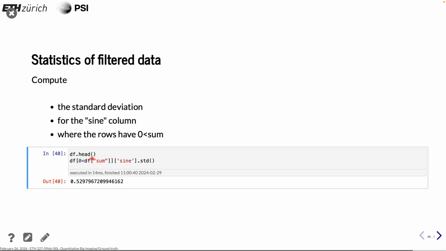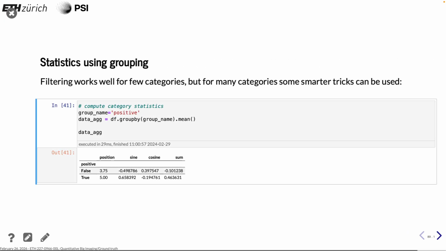And then from that selection, we want to select the sign column and compute the standard deviation of it, and then we get some value. So the magic you have to do with the data frames is a lot of selection and finding the right selections. Sometimes it can be a bit tricky, but you can get pretty nice results out this way.